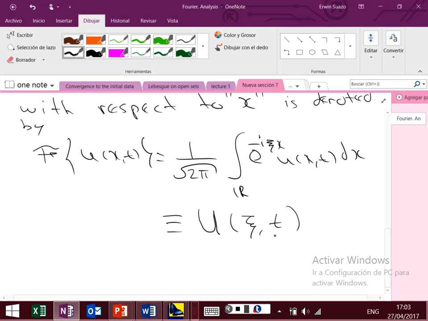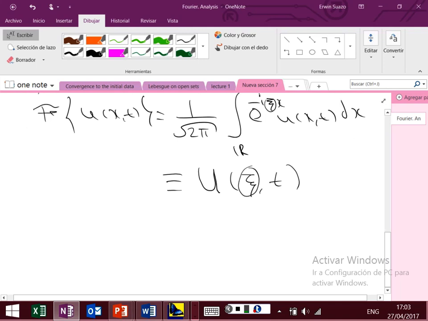Okay, but well, no, you keep it, because that's going to be the ordinary differential equation. But you see, you are keeping this xi here. That's your frequency. And also that's another reason to do this, because it's connecting with physics and waves. So xi is real.